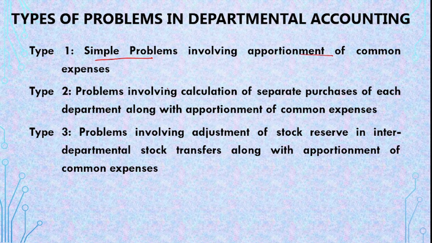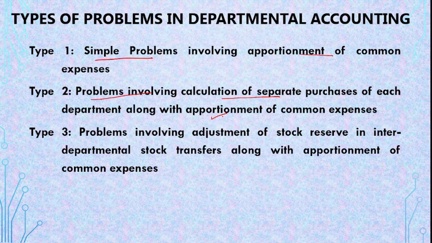Second is the problem involving calculation of separate purchases of each department along with the apportionment of common expenses. You see, every next problem is having something of the previous one. So along with the apportionment of common expenses that we have studied in type 1, we will be having calculation of separate purchases. Like when the departments are having a common purchase.